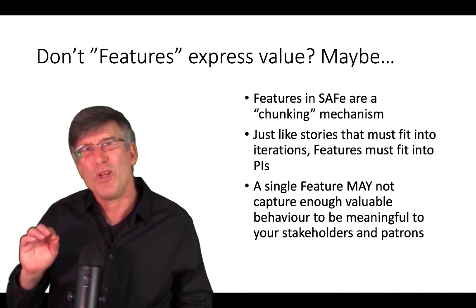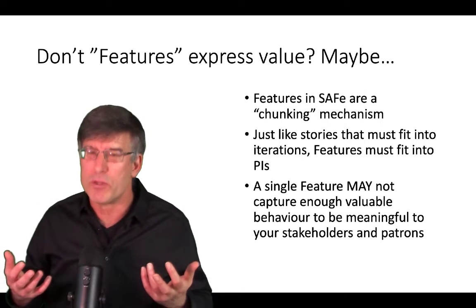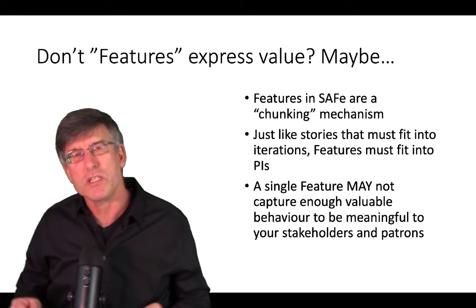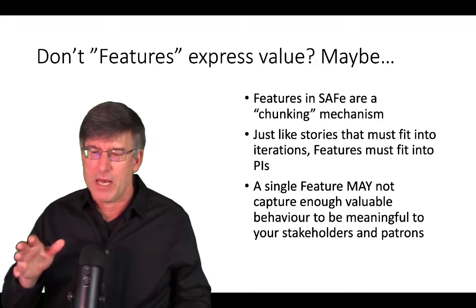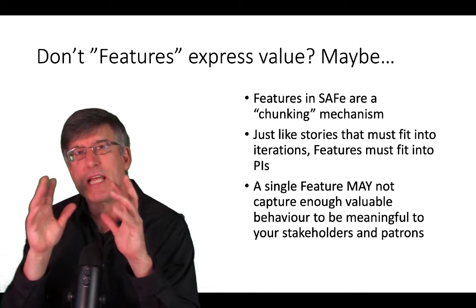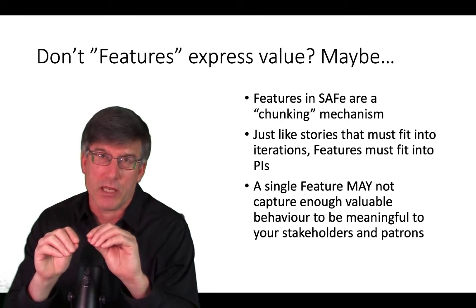Now, you may ask, well, aren't the features valuable? Isn't that what I'm doing with the features? Don't the features express value? Well, maybe. You have to remember that in Scaled Agile, a feature is really a chunking mechanism.